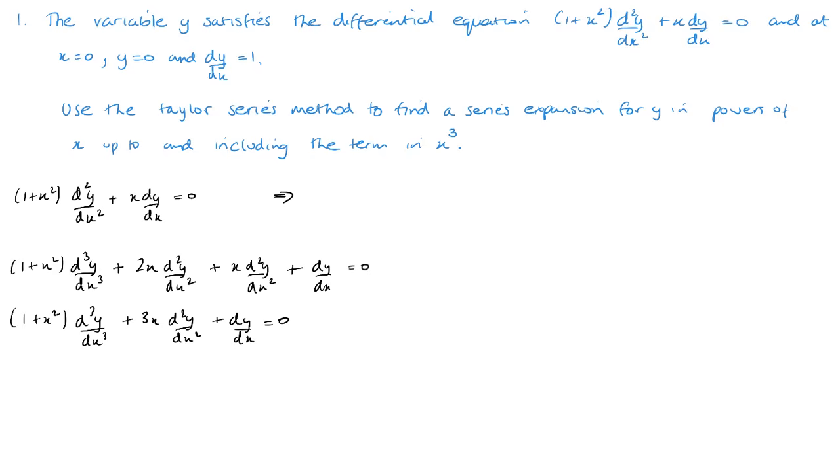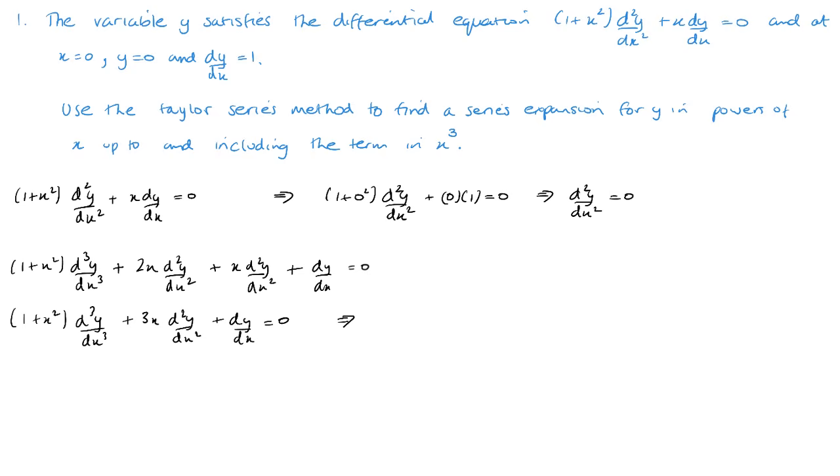Okay, so when x equals 0, we get 1 plus 0 squared d2y by dx squared plus 0 times 1 equals 0. So I've just got d2y by dx squared equals 0.